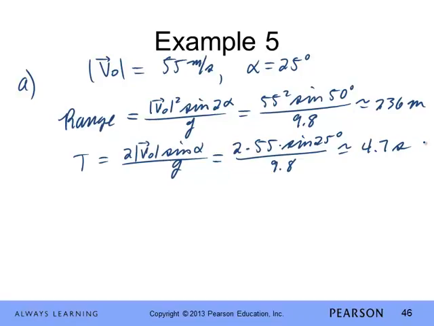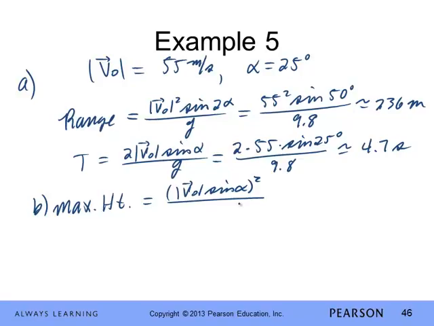Part B is to answer the question, what is the maximum height of the ball? Oh, okay, we've got the formula for the maximum height. And that's equal to initial speed times the sine of alpha, that product squared, divided by 2g. So, hey, folks, this is too easy.